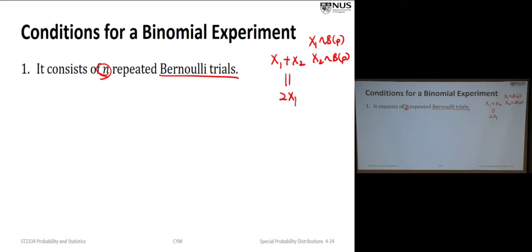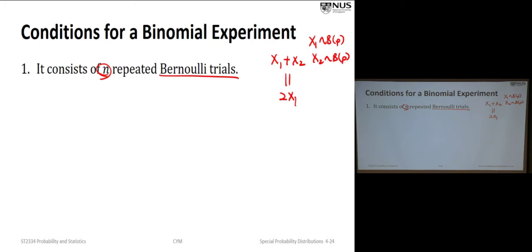If I say x1 plus x2 equals 2 times x1, then I simply say that x1 equals x2. So do you believe that x1 equals x2? What about the random part?